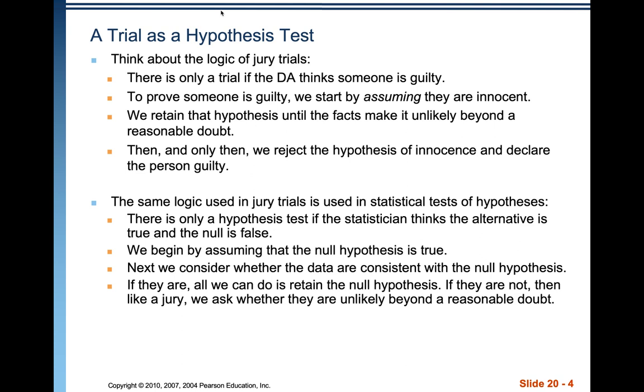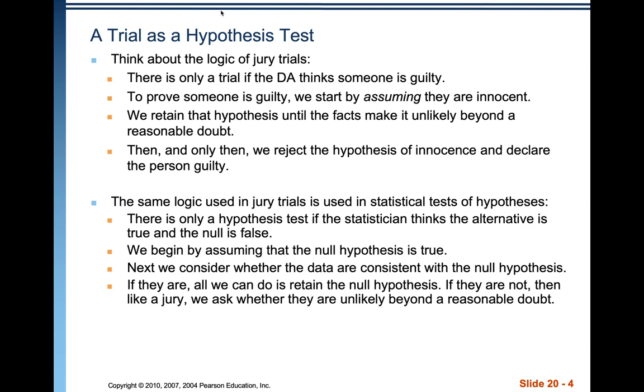We just provide enough evidence beyond a reasonable doubt that they are not innocent. If a person is declared guilty, we've just failed to show that we have enough evidence for them to be innocent. Then and only then, we reject the hypothesis of innocence and declare the person guilty.